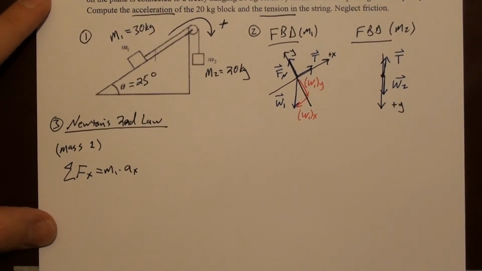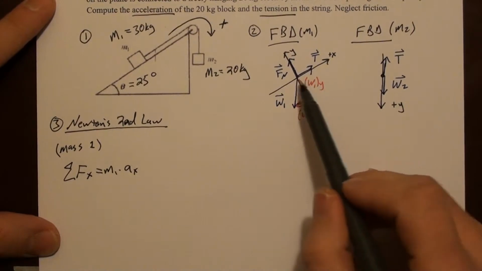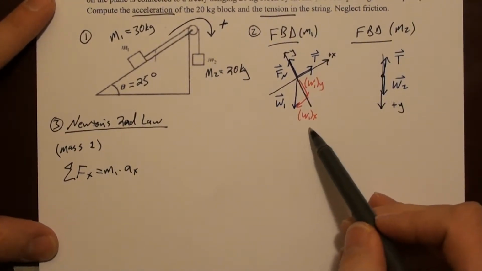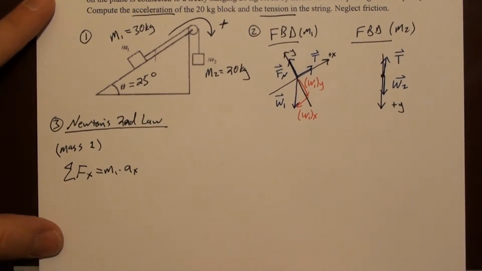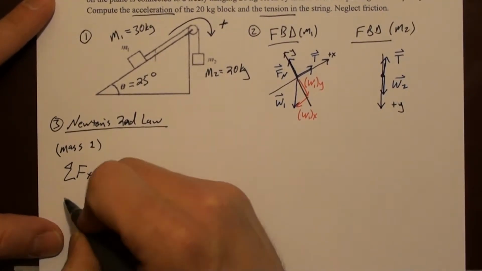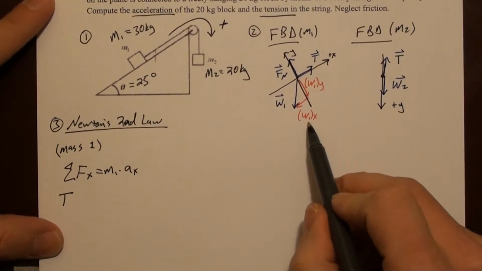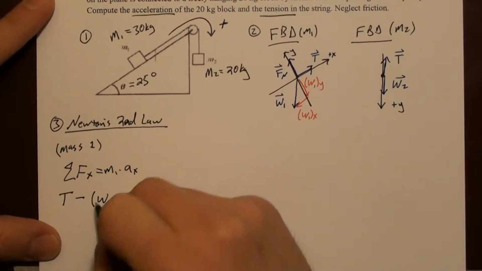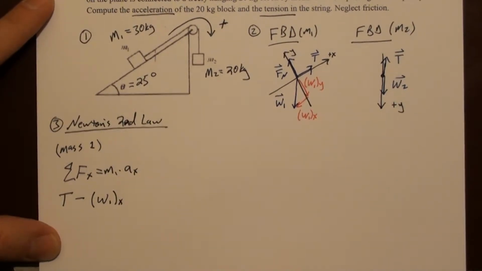So in the x direction, we have tension acting up the slope and weight, or part of weight, acting down the slope. So tension we'll draw as positive. The weight acts down the slope, so that's negative. And those are all the x direction forces.